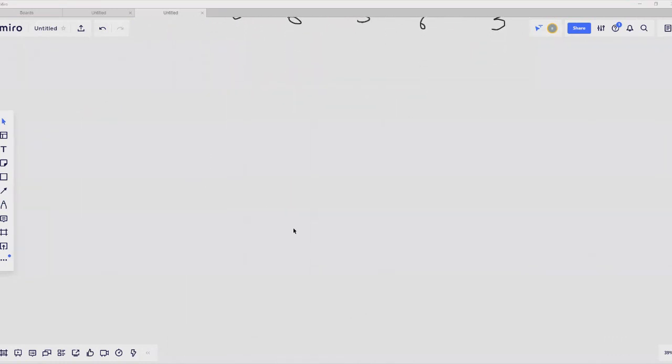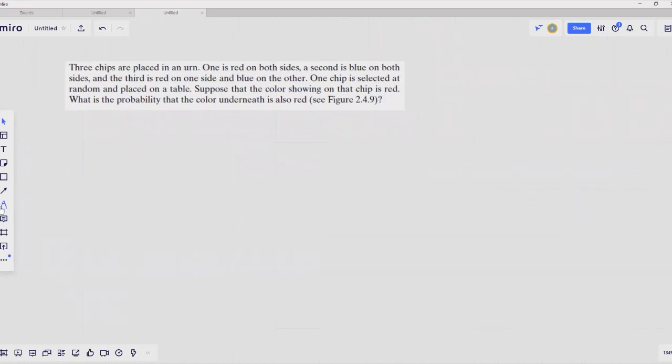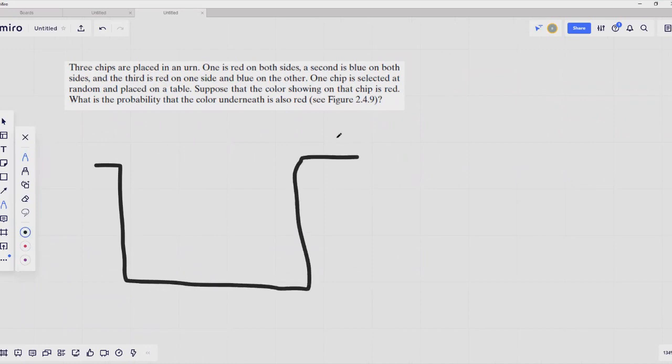Okay, now let's take a look at one more example. Three chips are placed in an urn. One is red on both sides. So the first chip is red on both sides.